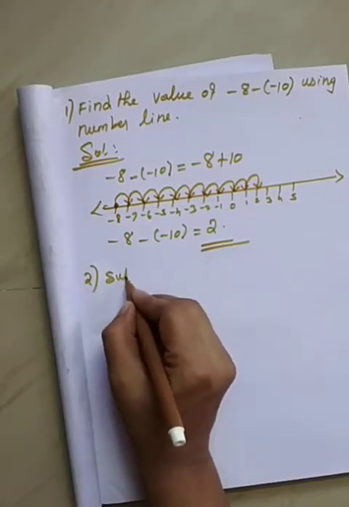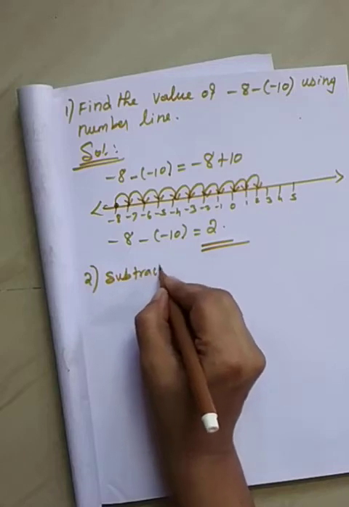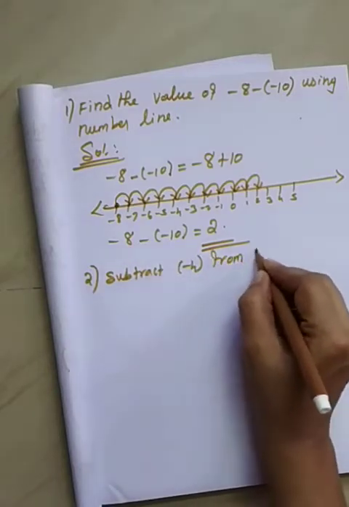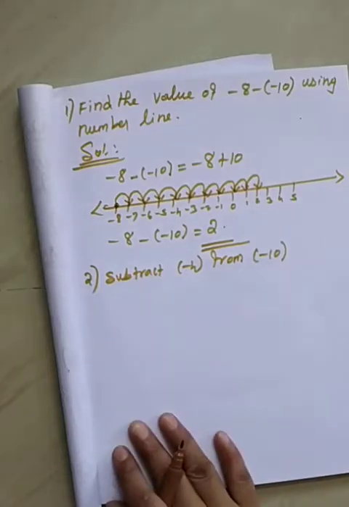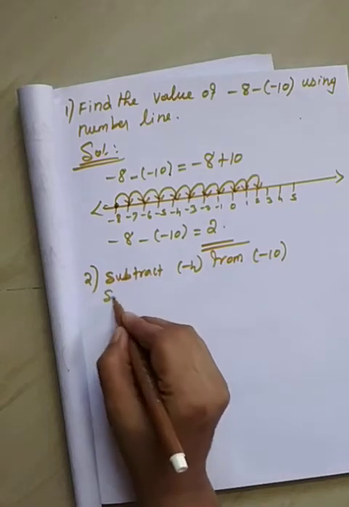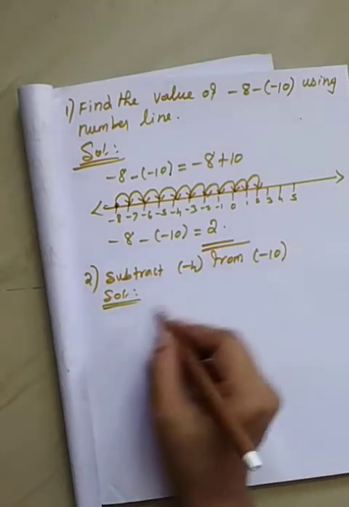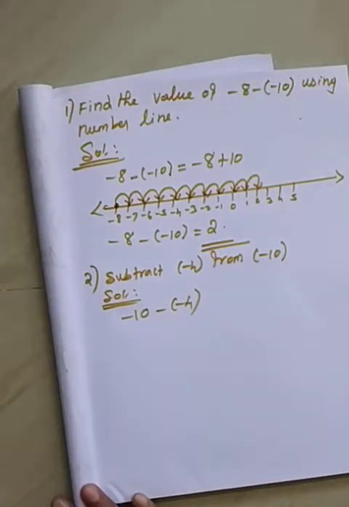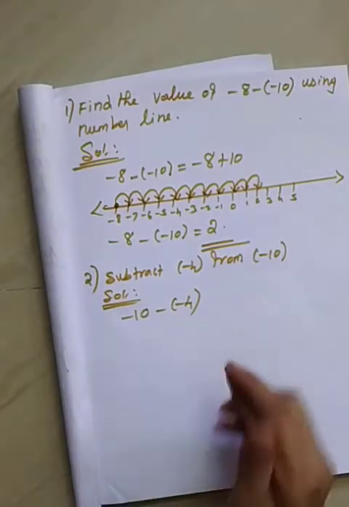Subtract -4 from -10. You can write -10 minus of -4. This is the question.